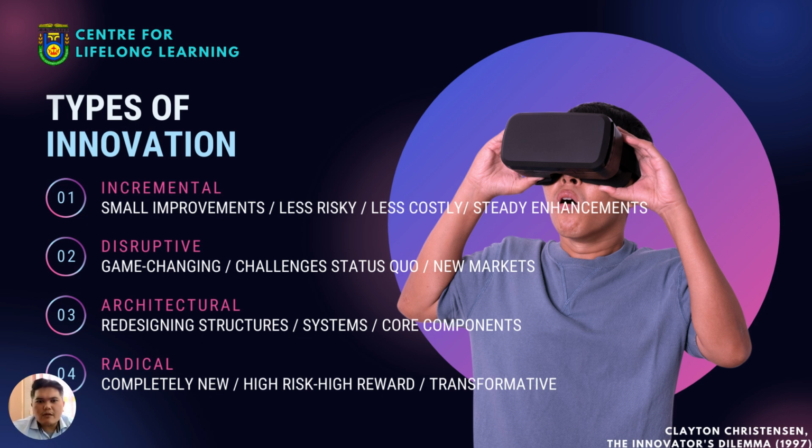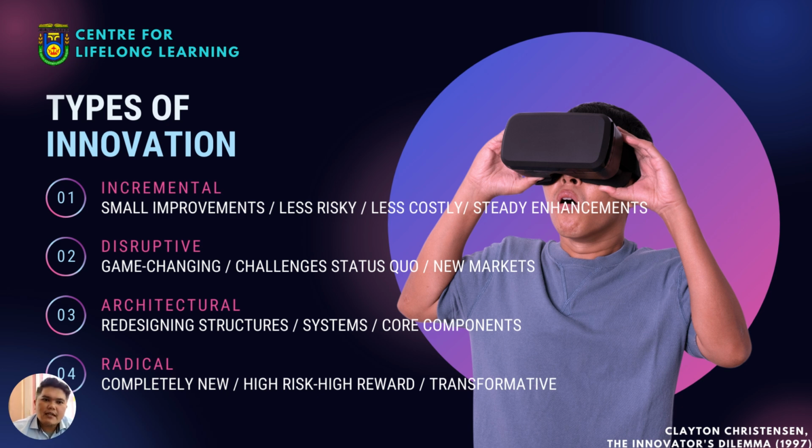This is always about the system. For example, you want to redesign the structures, design the system, re-engineer the organization, the way we do things, related to the process. It has certain ways that we change, so that makes it architectural innovation.